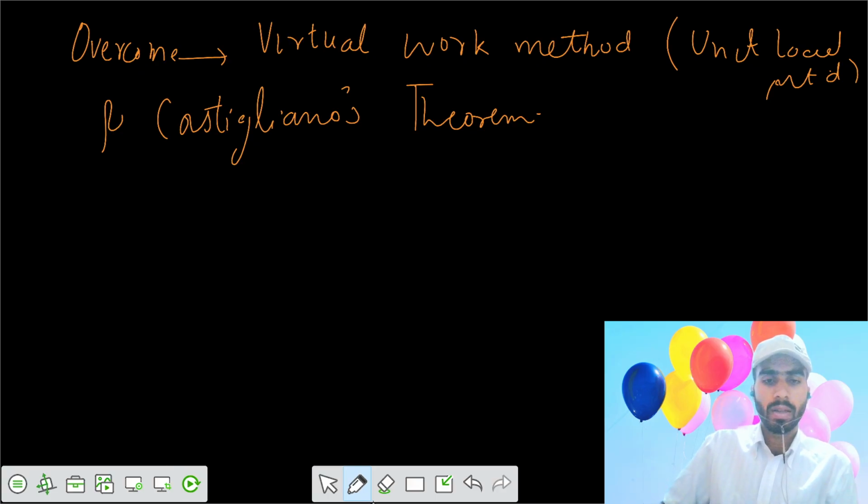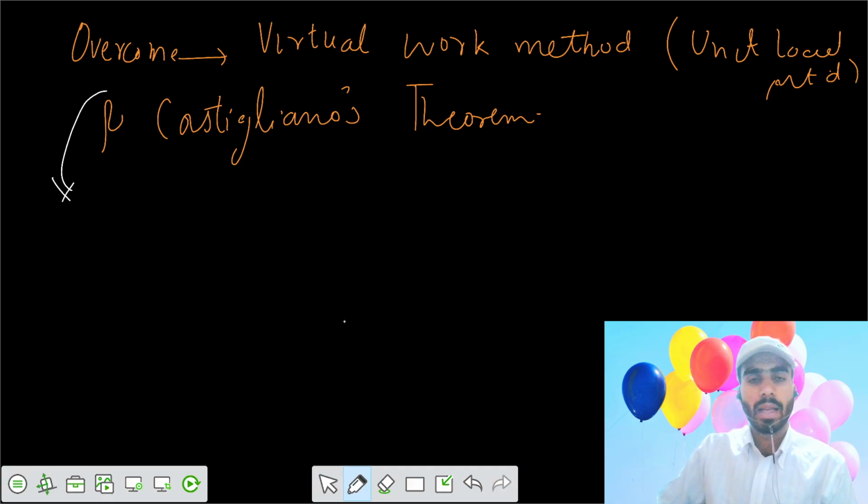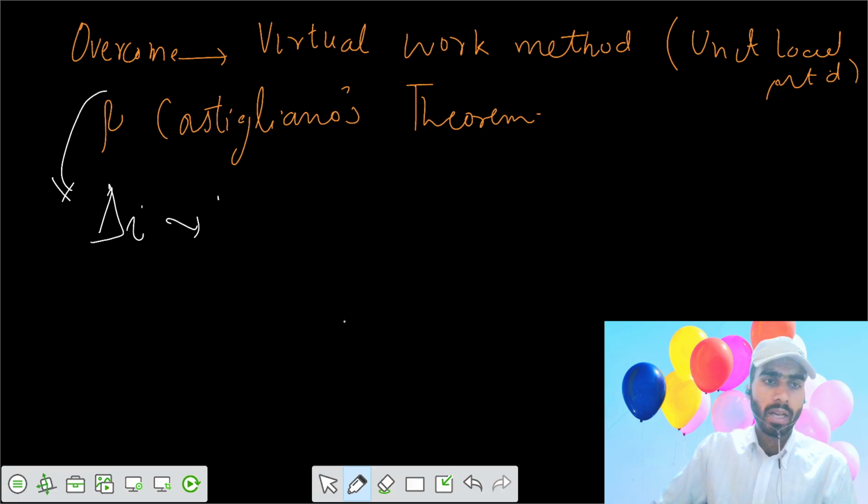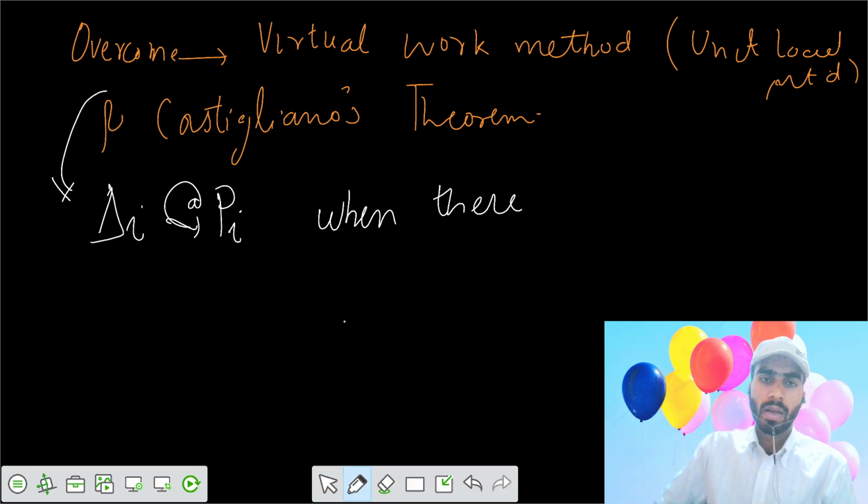So here we overcame the limitations of the simple strain energy equals external work done. We can have delta at any location i, and there should be a particular load Pi at that location, and there can also be many loads acting on the beam.